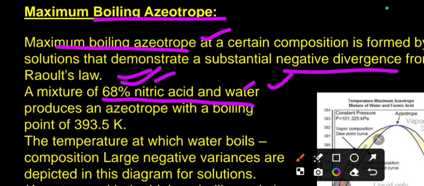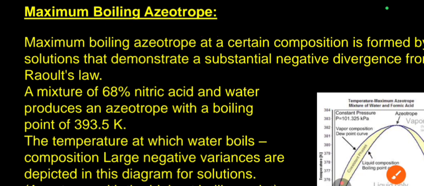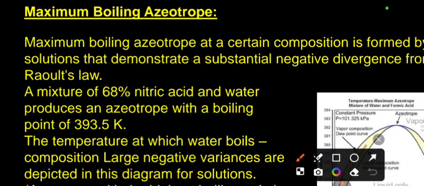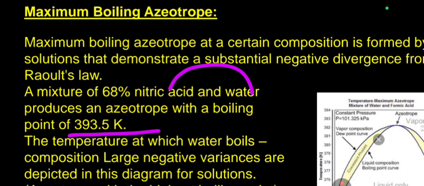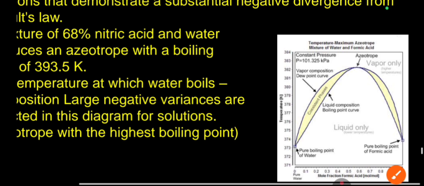Now you can see here, they can ask this also: at which boiling point will it boil? Both have different boiling points, but after mixing it will boil at a common point, that is 393.5 Kelvin. So you can see this graph.